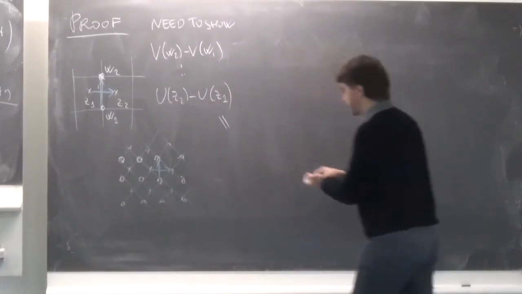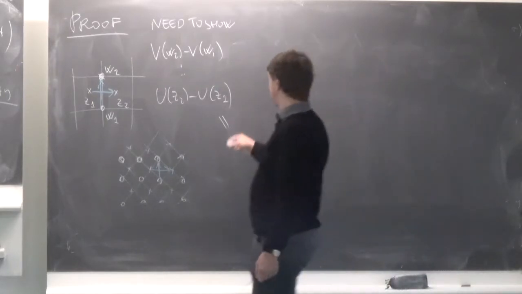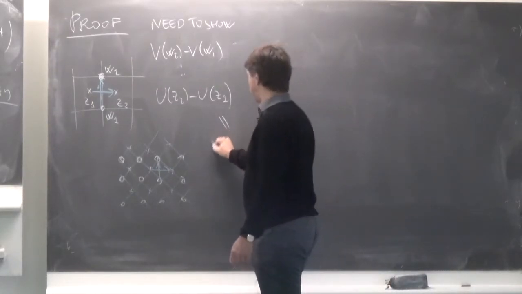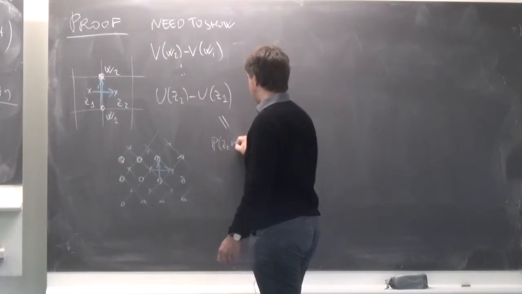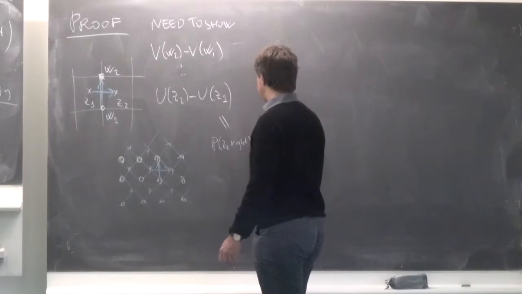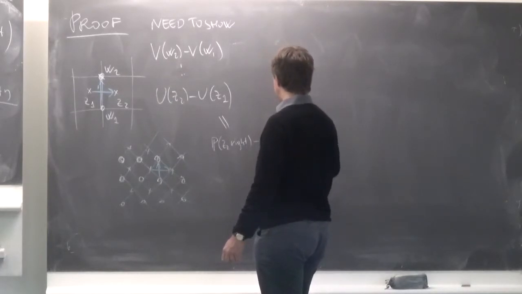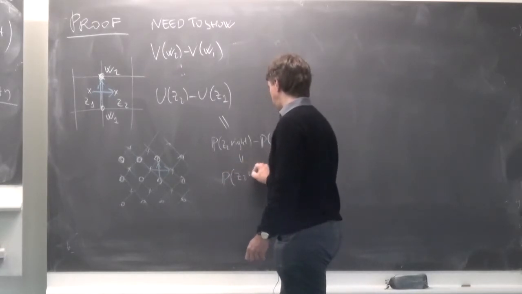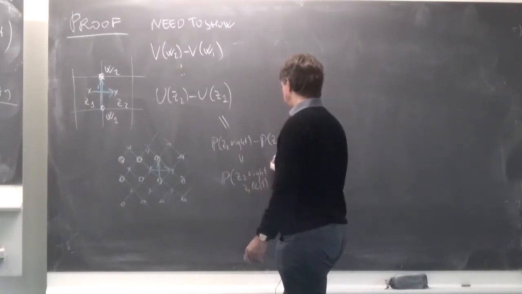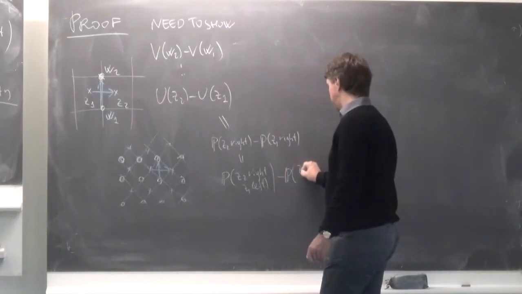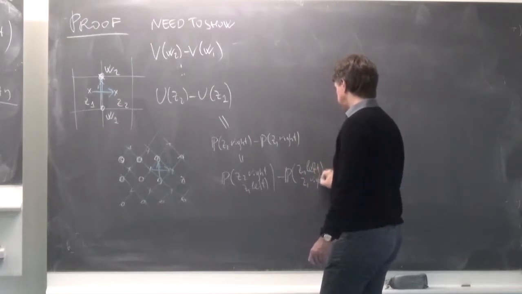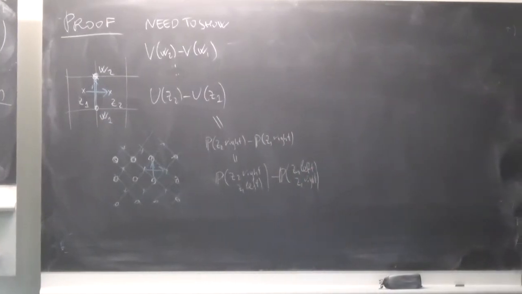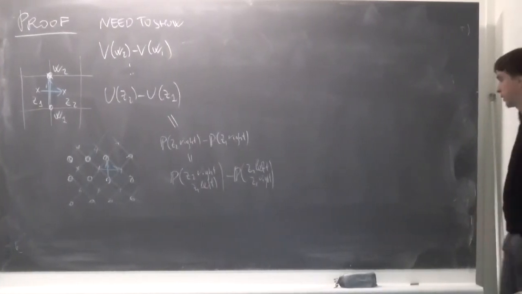So basically this difference is equal to the probability that Z2 is right minus the probability that Z1 is right, which can be written as the probability of Z2 right, Z1 left, minus the probability Z2 left, Z1 right, because if they are both right or both left, then it cancels out.